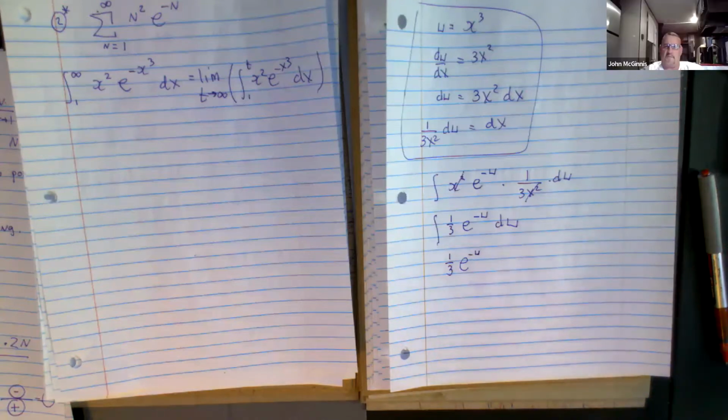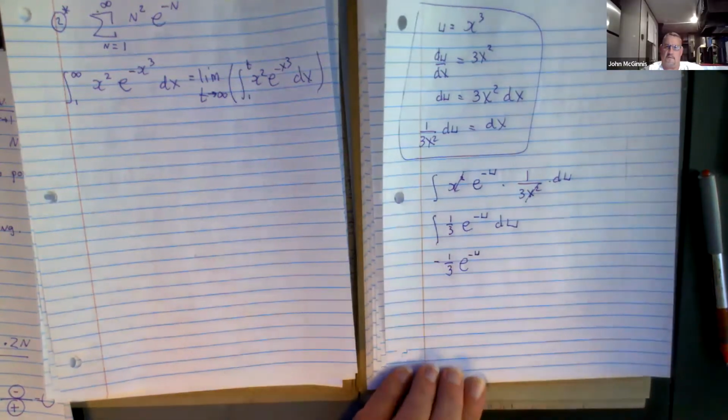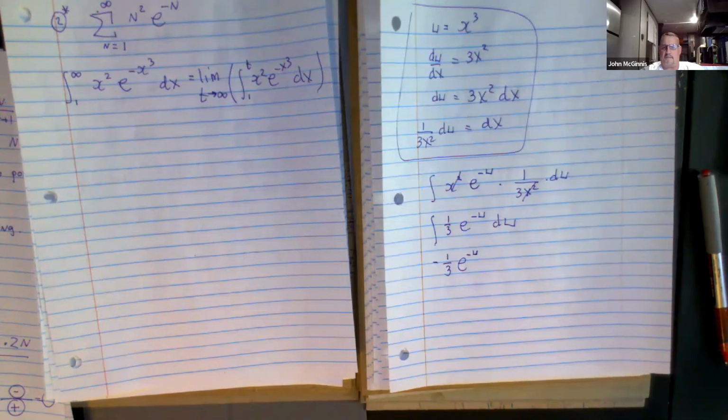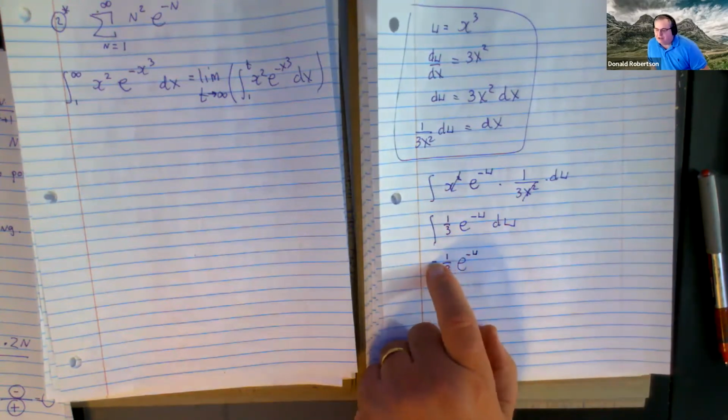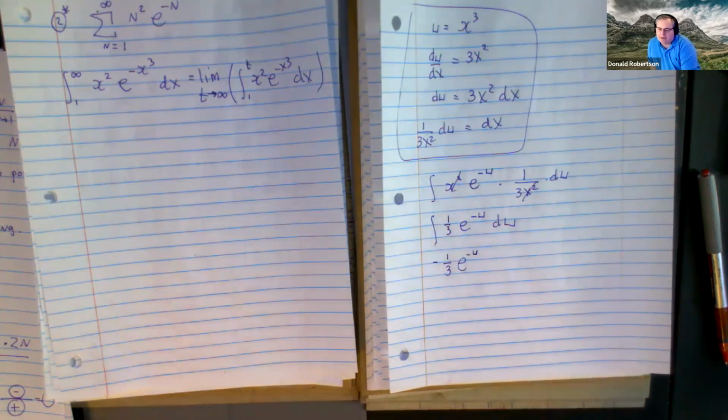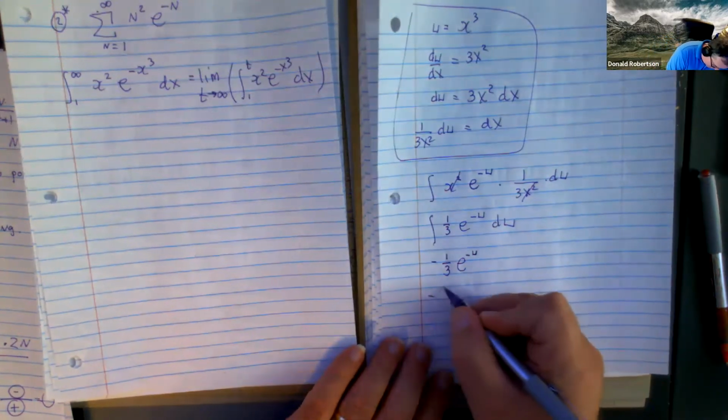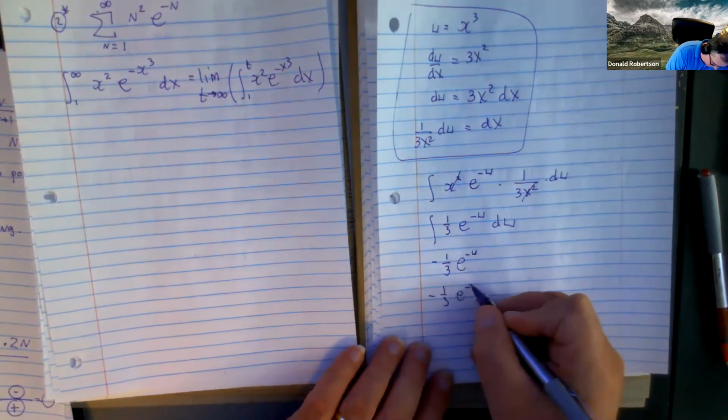The negative sign, and also don't you have to substitute back in x cubed for u? Yeah, at some point, right at the end, you're right. The negative's the important part right now. If it was e to the 2u, wouldn't there be a times a half going on here? If it was e to the 5u, there'd be a fifth. For e to the negative u, there's a negative 1 going on here. And then you turn it back into x cubed, just like you said.